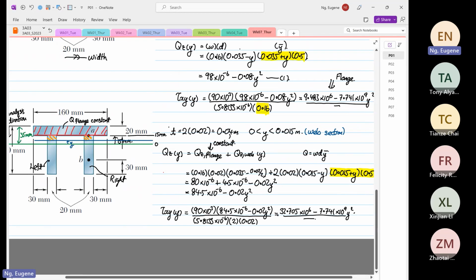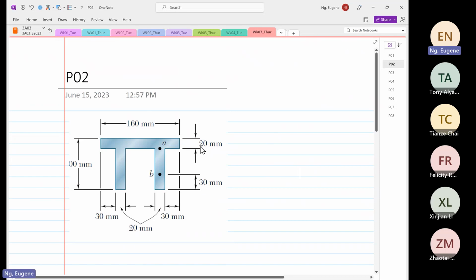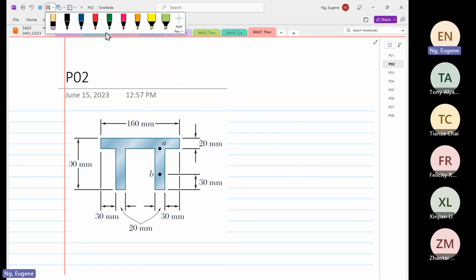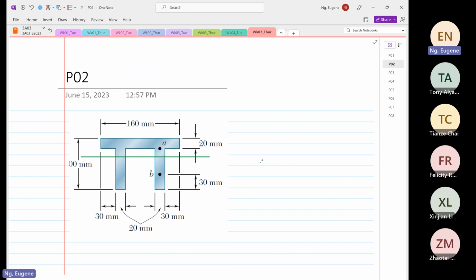Now, what if we want to look below the centroid? Let's say now we want to look below the centroid, and I will specify where that is. Let me sketch out our line. So this is above the centroid, and this is below the centroid.